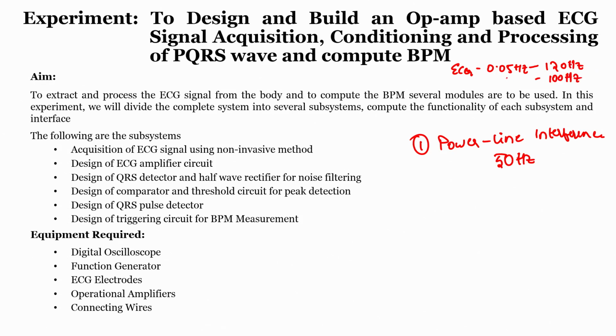This is the major operating frequency of the ECG signal. Comparing that with the power line interference, the frequencies below 50 and between 51 hertz and 100 hertz are required, but for frequencies greater than 100 hertz, I do not require anything.